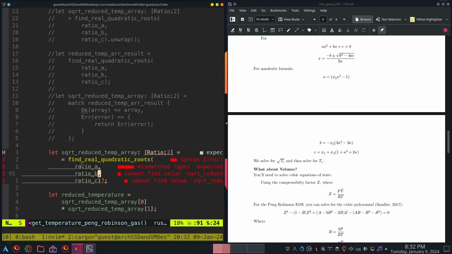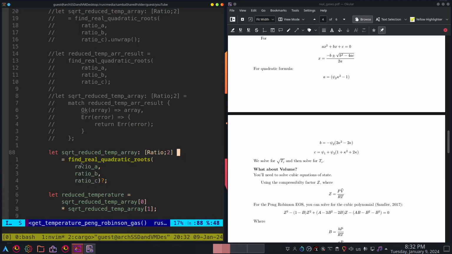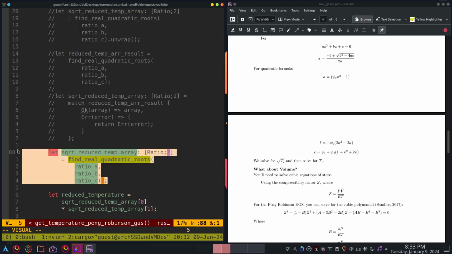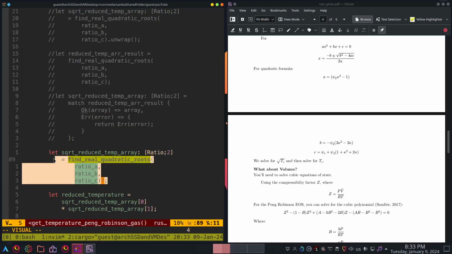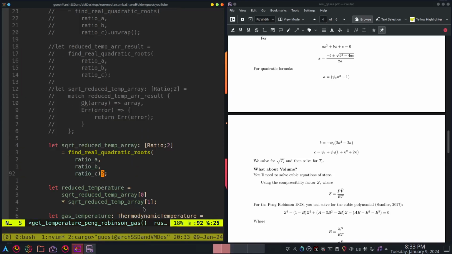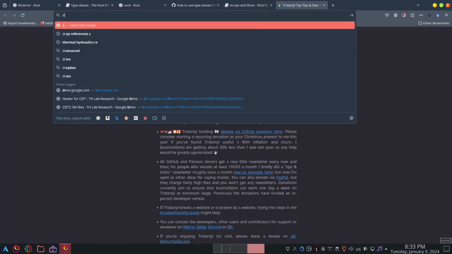This will do error propagation. It's basically these two lines together, squished into one very concise line. So this question mark operator is what we call error propagation.